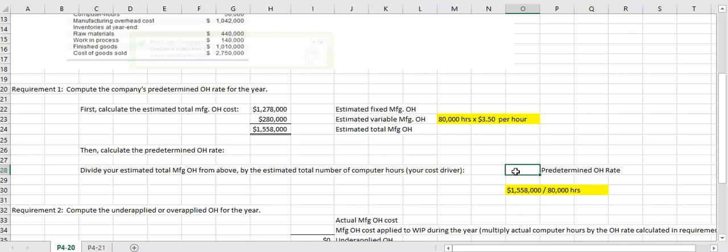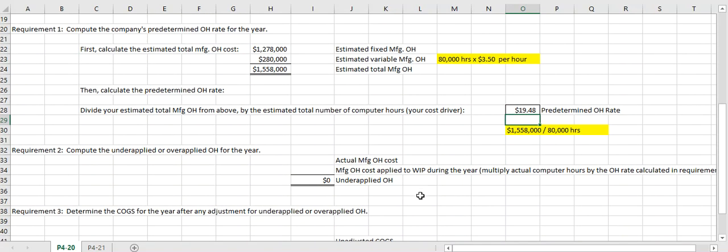So we can take our estimated total manufacturing overhead, which is $1,558,000, divide it by the 80,000 hours we believe we're going to use the computers, and that gives us a per computer hour amount that we're going to allocate overhead of $19.48. So this is actually the answer to requirement 1.